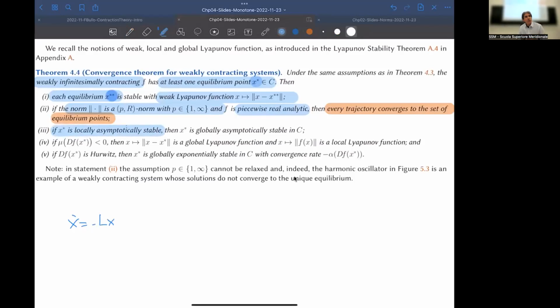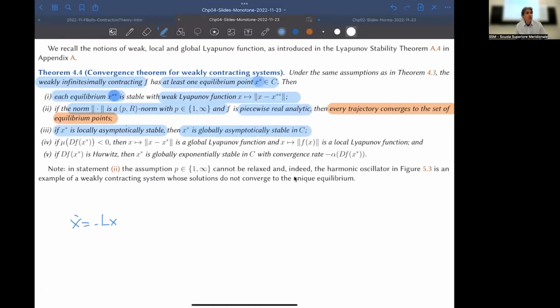I have a weakly contracting system. I know the solutions don't go to infinity, and an equilibrium must exist. Suppose I can prove that one point is locally asymptotically stable. Then it turns out that you go from a local condition to a global condition. So that point must be globally asymptotically stable.